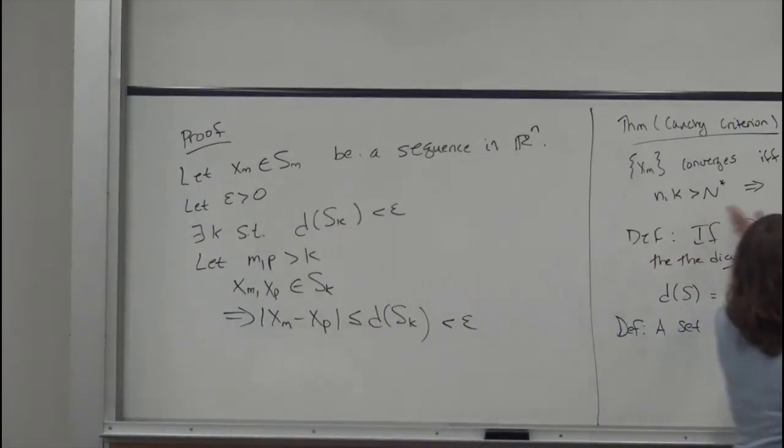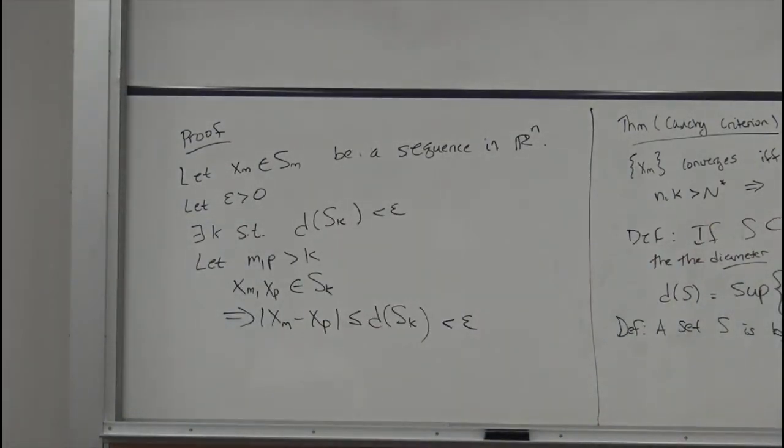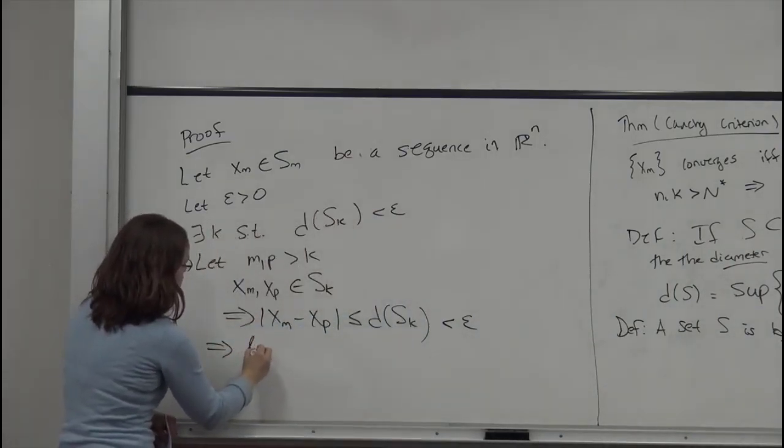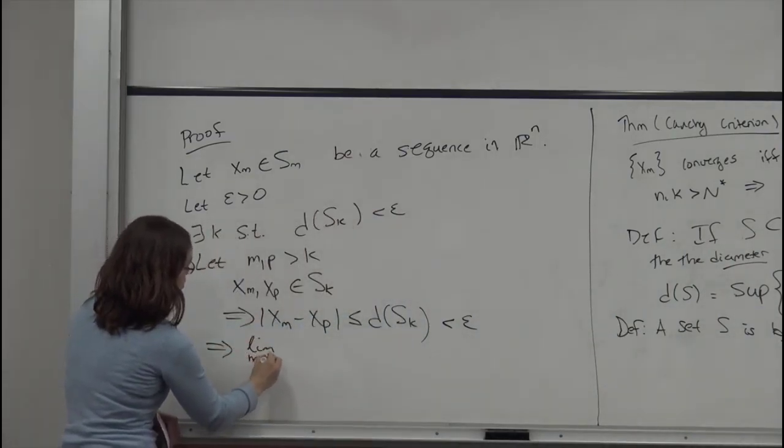Okay, I changed notation from before, I guess. But this is our Cauchy criterion, that as long as m and p are chosen beyond k. Again, I changed the notation. The k there is standing in place of this n star. And as long as we're beyond that, the distance between these is less than epsilon, which means the limit of this sequence exists.